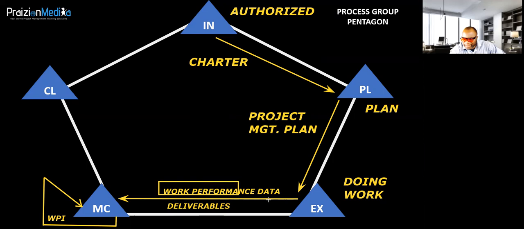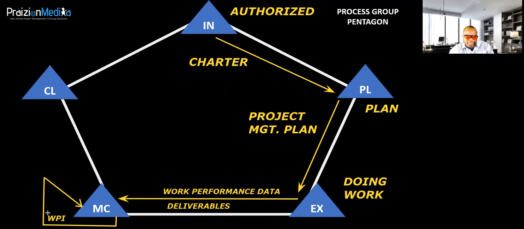This work performance data, this is raw observations, right? These raw observations need to be analyzed here. Now you're going to analyze them in monitoring and controlling, and as a result of you analyzing your raw observations, which could be how much percent complete are we? That's a raw observation.